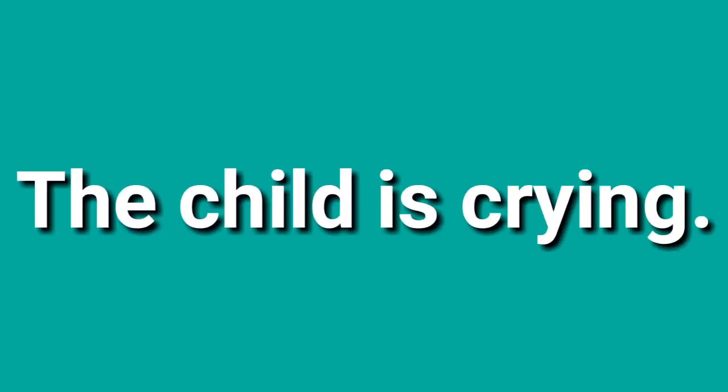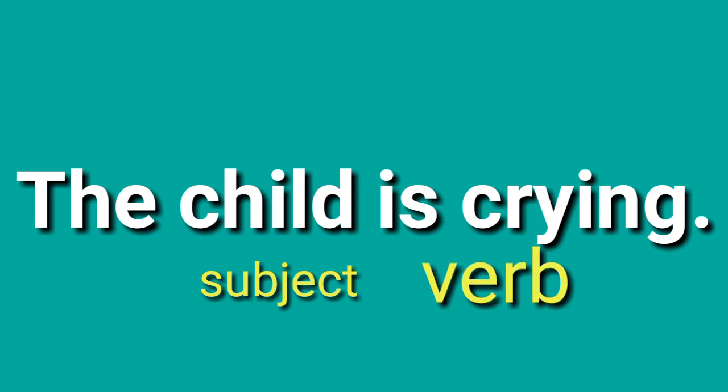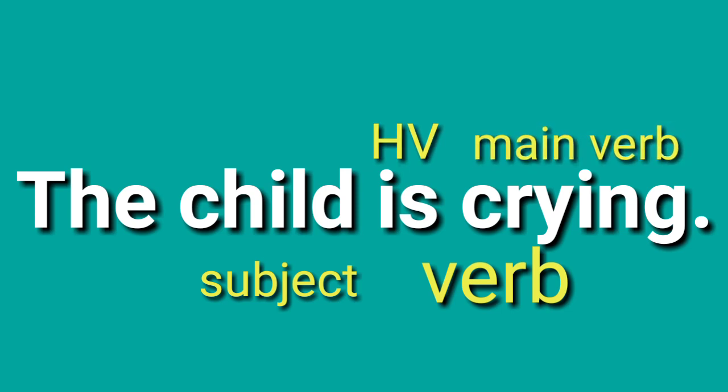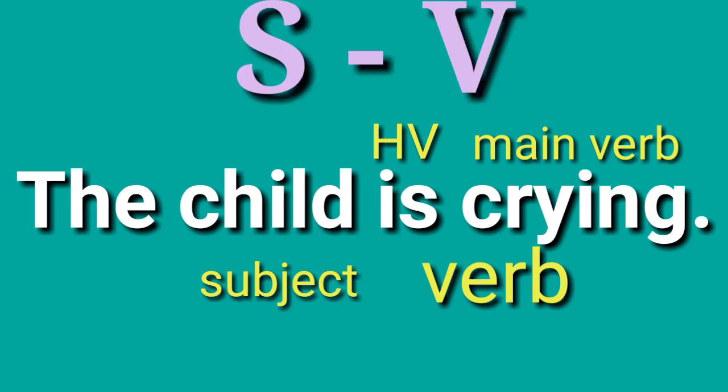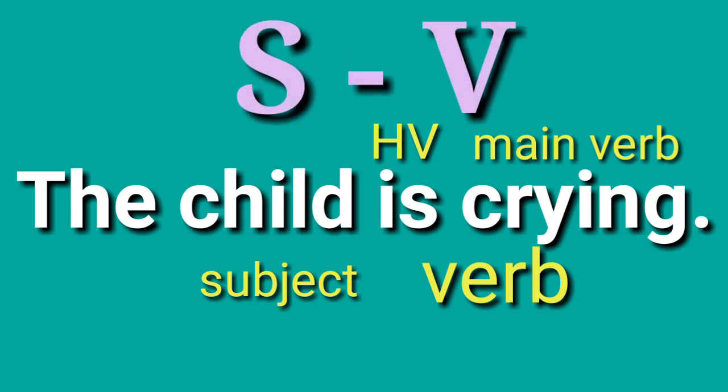The child is crying. Who is crying? The child. Here, the word child is our subject, and our verb is crying. The word is here is the helping verb to our main verb, crying. At kahit meron tayong helping verb sa ating pangungusap, still, the sentence pattern here is SV, Subject Verb Sentence Pattern.